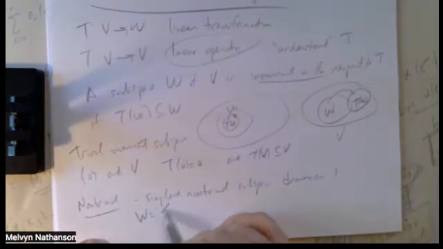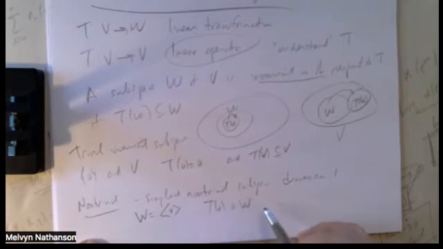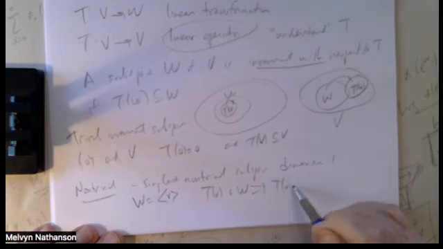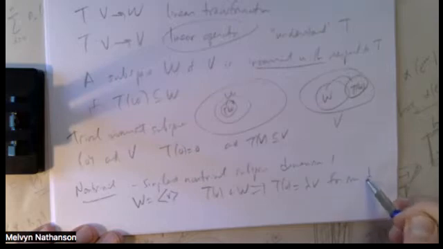So W is just a subspace spanned by one vector. And T of V has to be in W. But if W is one-dimensional and V is a generator, a basis for the subspace, T of V is just some scalar multiple of V for some scalar lambda in the field. Could be the real numbers or the complex numbers.